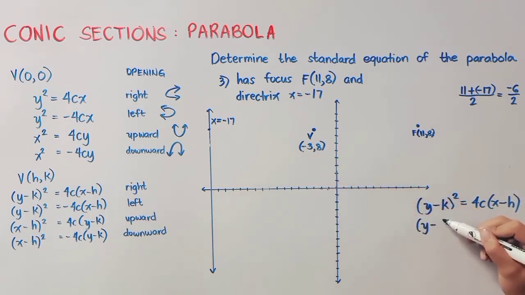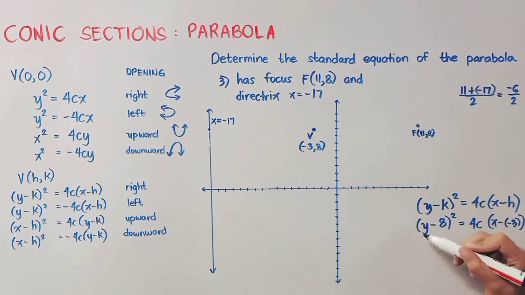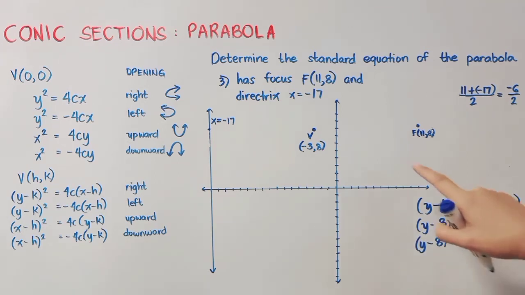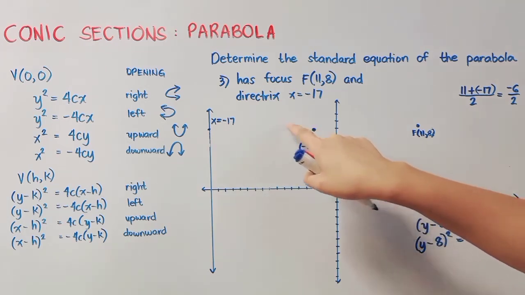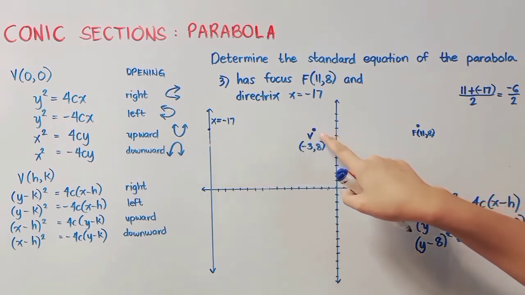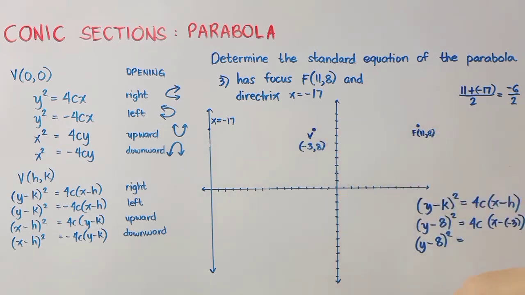Our k is 8 and then our h is negative 3, so that's x minus negative 3, and then we will get the value of c. Again, our c is the length from the vertex going to the directrix, or it could also be the length from the vertex going to the focus.